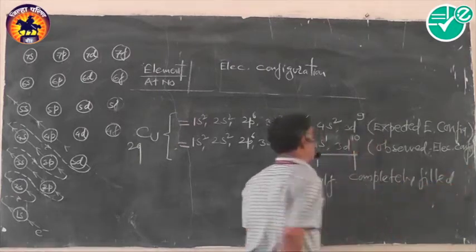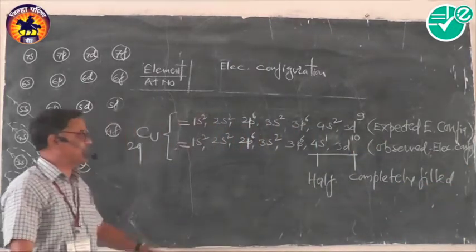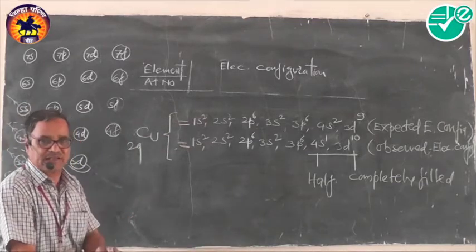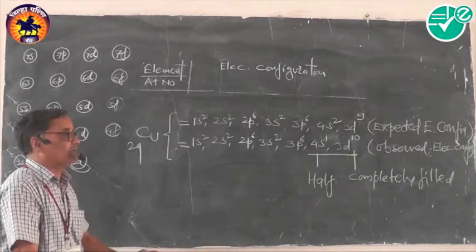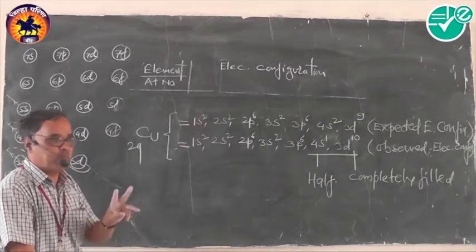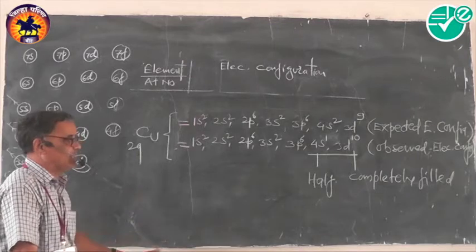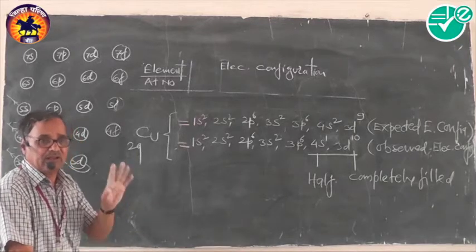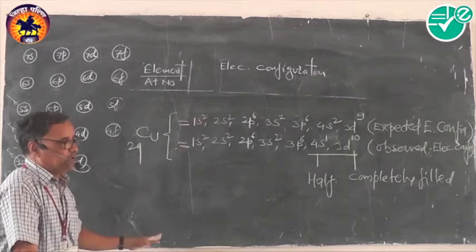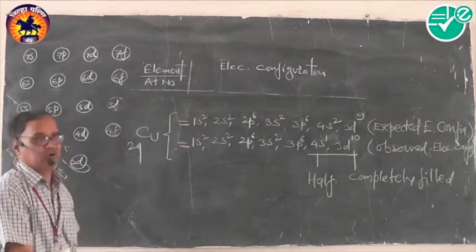As we mentioned before in the case of chromium, whenever the last two subshells, 4s and 3d, are both half filled, that stability to the nucleus of chromium is observed.